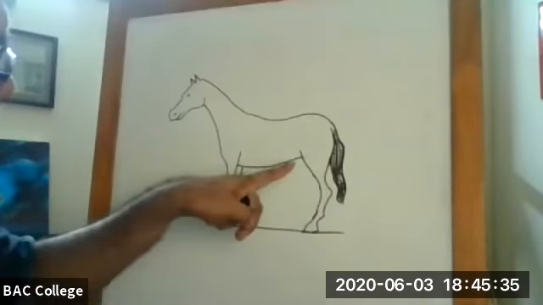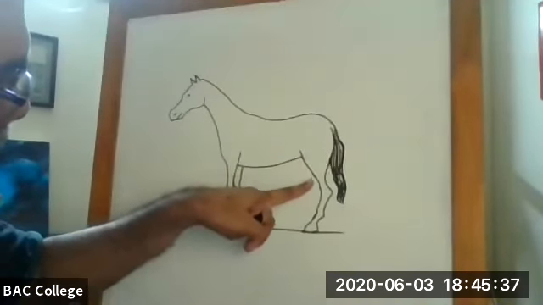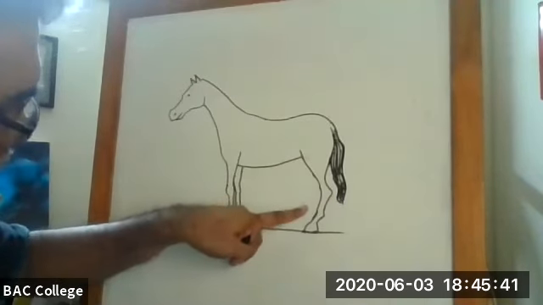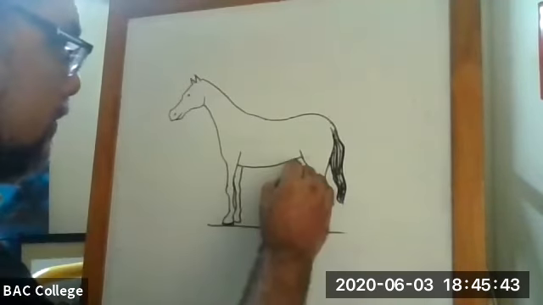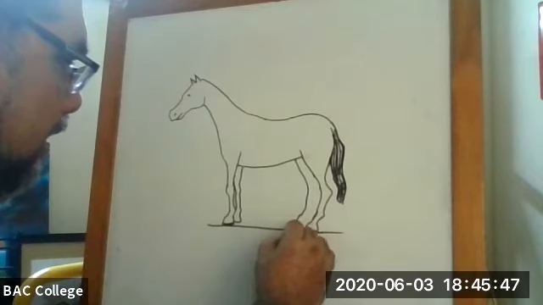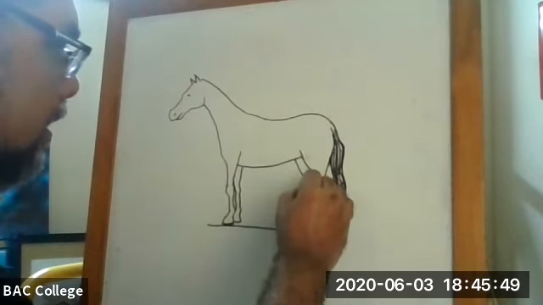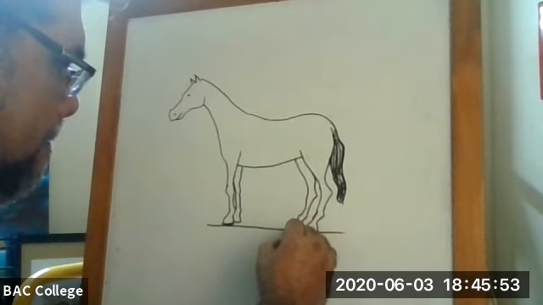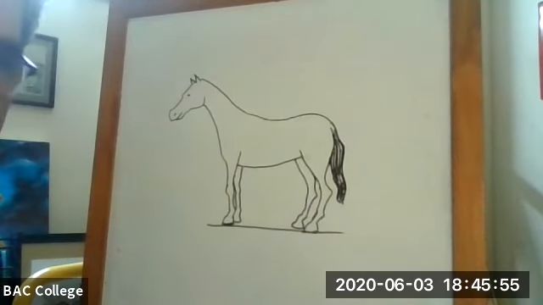And then usually the hind leg, the other part will not be always the same as this. It might be out a little bit. So what I'm going to draw is, I'm going to draw it coming out just a little bit. Okay, and you can do the same. Like that.